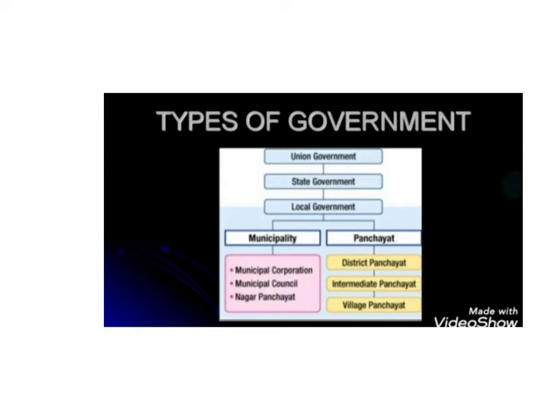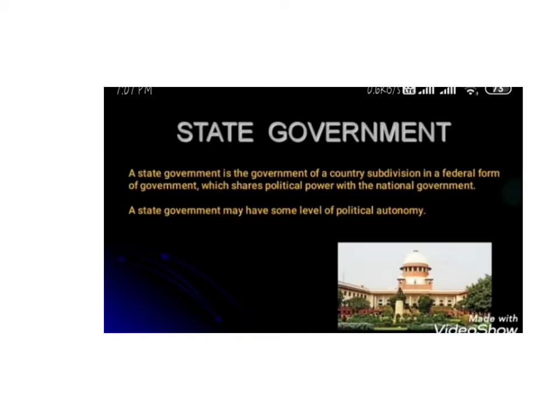So here we have to discuss the state governments, how state governments work, what is state government itself. Now, what is a state government? A state government is the government of a country's subdivision in a federal form of government, which shares political power with the national government.